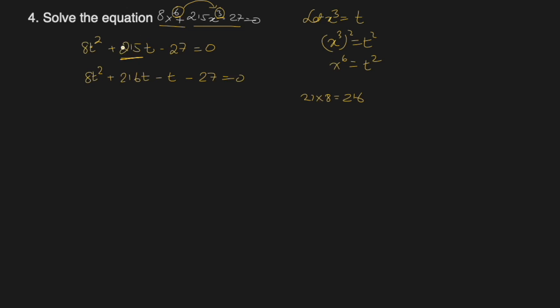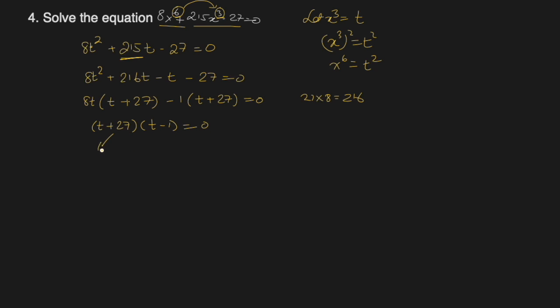So I broke 215t into two parts so that I can take 8t common here, so we are left with t plus 27 and negative 1 from here, t plus 27. So t plus 27 is common in both, 8t minus 1 equal to 0.